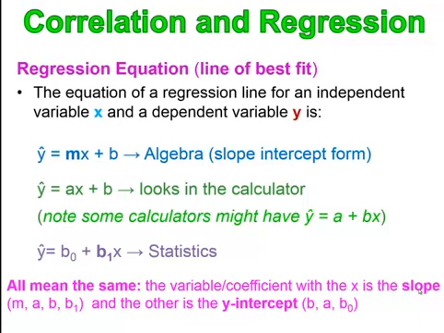And in our statistical textbooks, a lot of textbooks use Y equals b sub 0 plus b sub 1 x. So they're all the same equation, and what you need to know is that the slope of the line is always the coefficient of the x variable, and then the y-intercept will be the constant of the equation.